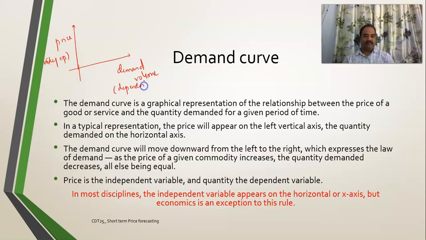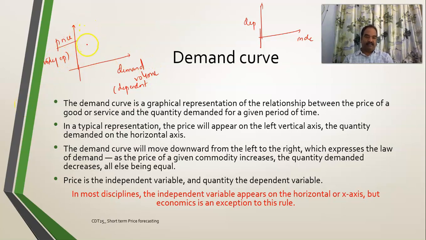Conventionally in mathematics, we take the independent variable on the horizontal axis and the dependent one on the vertical axis, but from the economics point of view, we take the reverse. So in this typical representation, price is represented on the left-hand side, whereas demand is represented on the horizontal axis, but demand is dependent on the price.